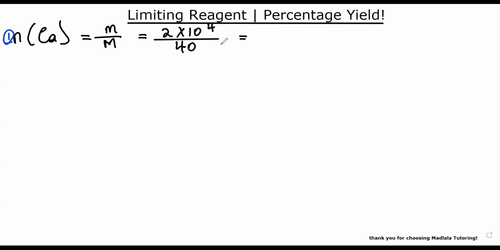So let's see how much we get when we say 2 × 10^4 divided by 40. Well, we simply get 500 moles. Okay, fine. Then we come back and find the number of moles of vanadium pentoxide.